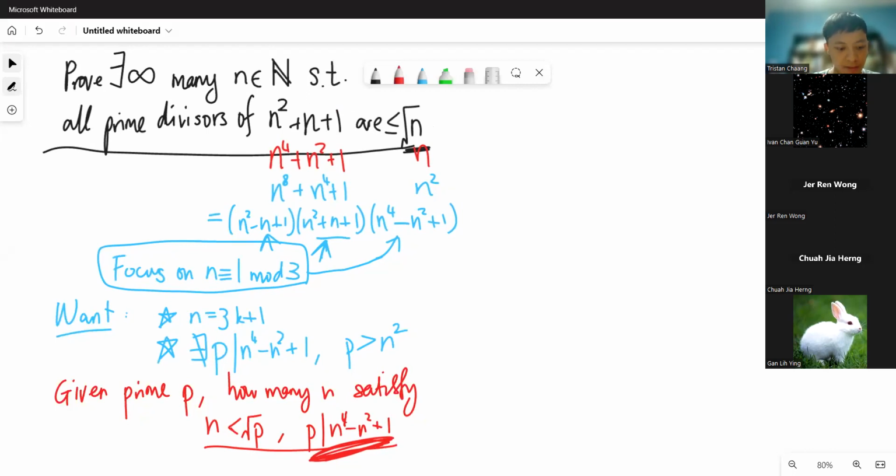Well, let me write it out here. So n to the 4 minus n squared plus 1 is 0 mod p. How many roots are there at most for n?